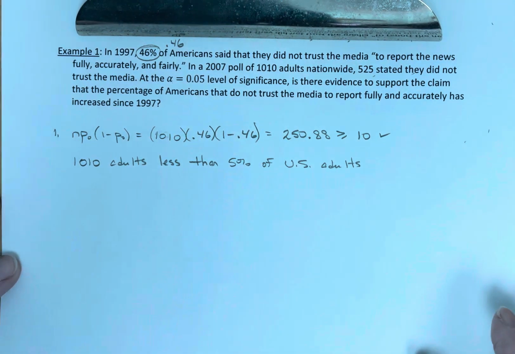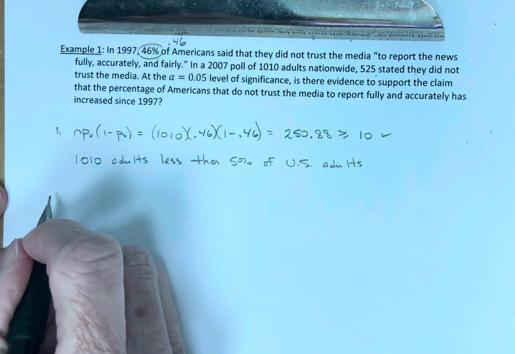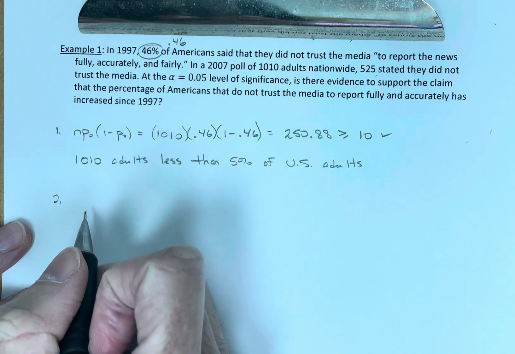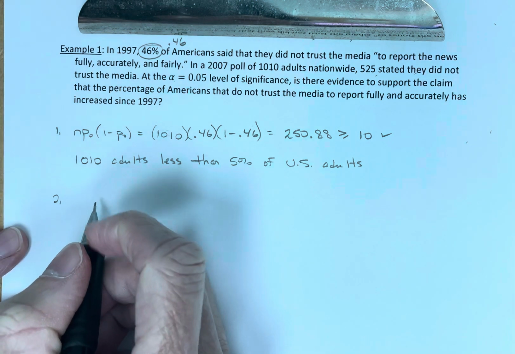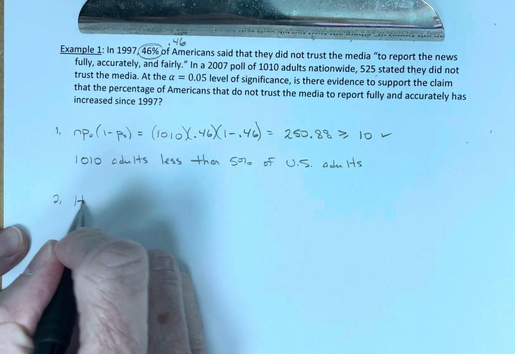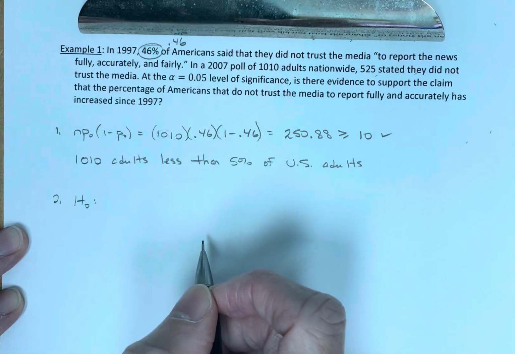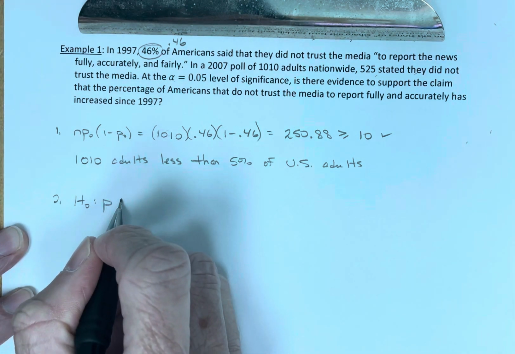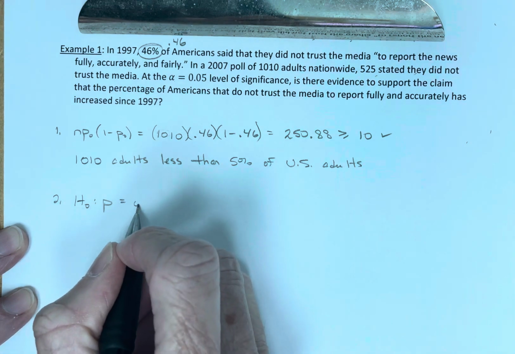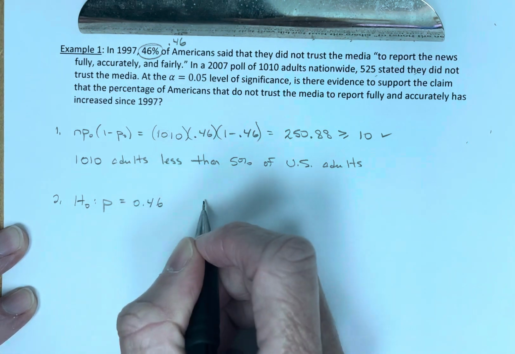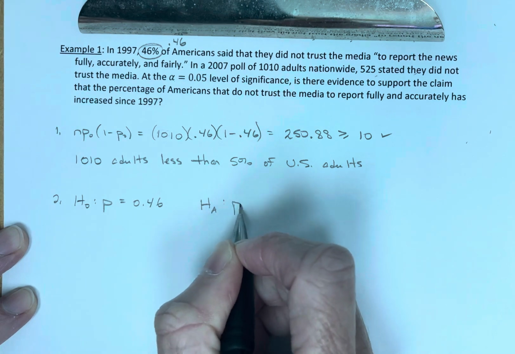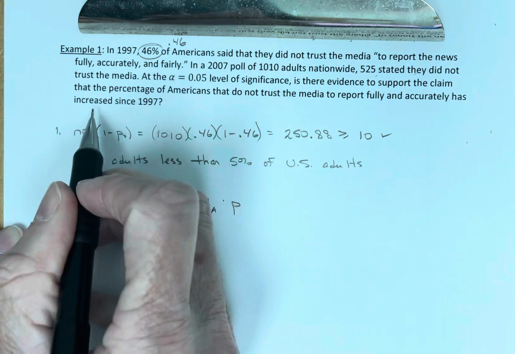We can move forward. Step 2, our null and our alternative hypotheses. Well, our null hypothesis is always our hypothesis of equivalence, and it says that p is equal to 0.46. Our alternative hypothesis: has it increased?